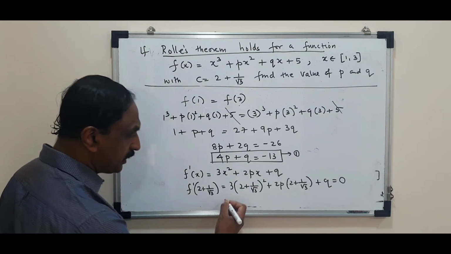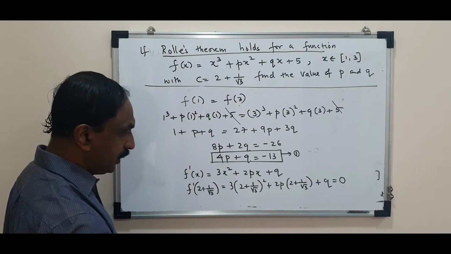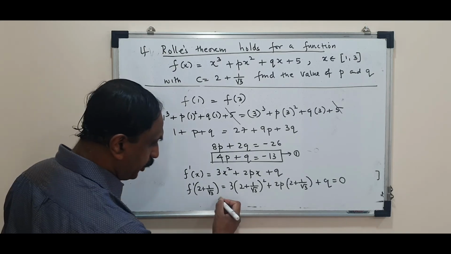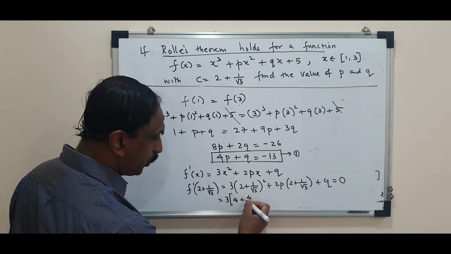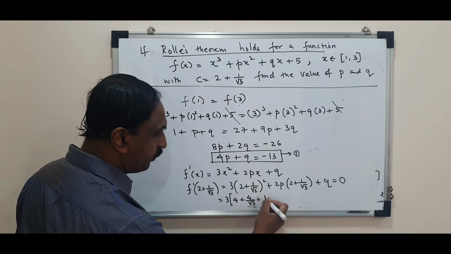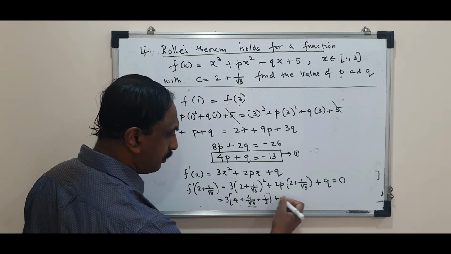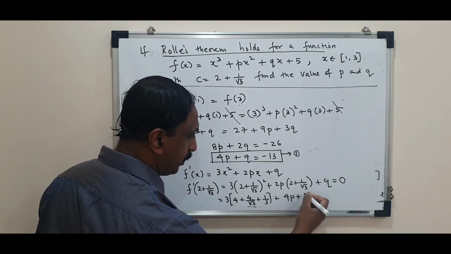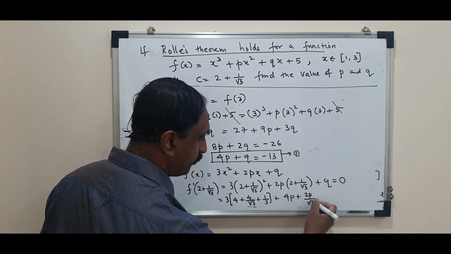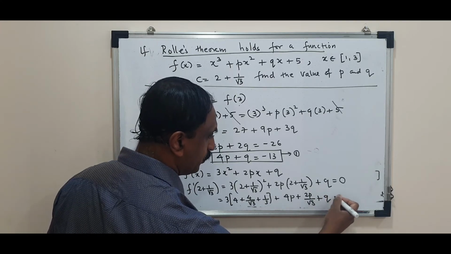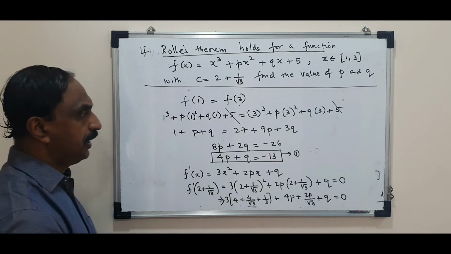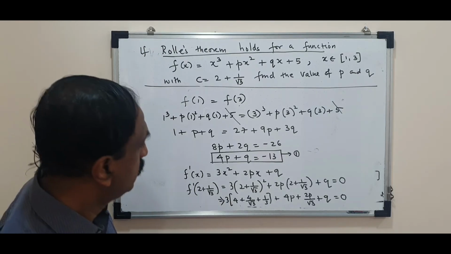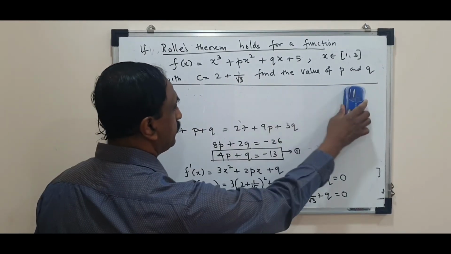So let me expand this. I have 3 into (4 plus 4 by root 3 plus 1 by 3) plus 4p plus 2p by root 3 plus q should be 0. This implies, now I will calculate the second part of it.